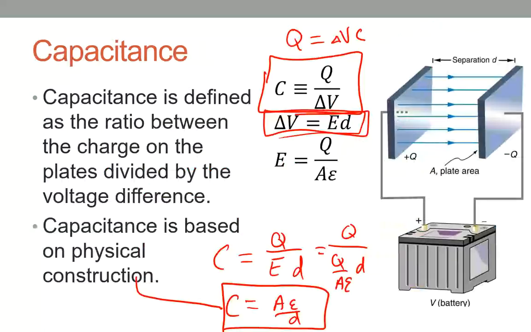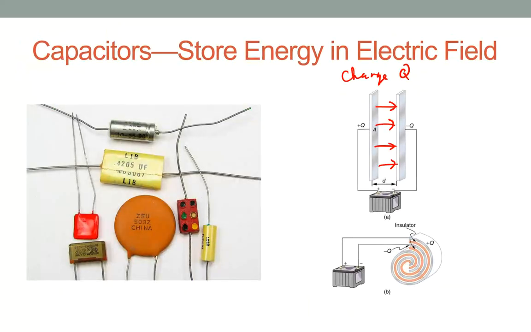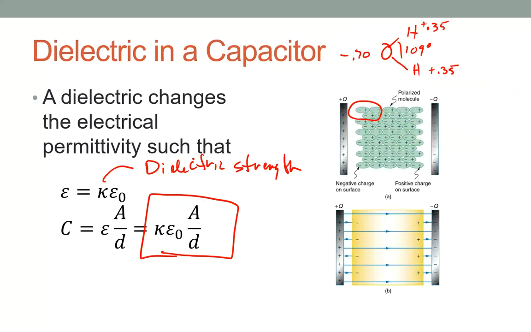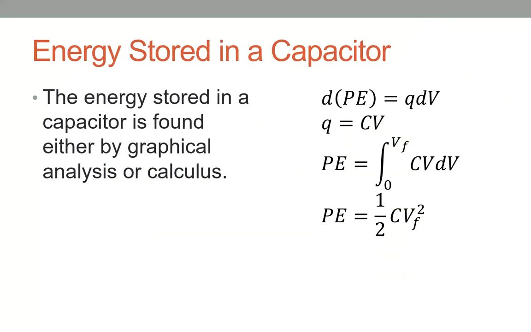But what's the purpose of the capacitor? To store energy in an electric field or a charge separation. So the higher the capacitance, the better its potential to store energy. Generally, that's a good thing.